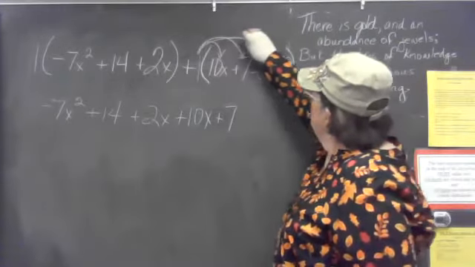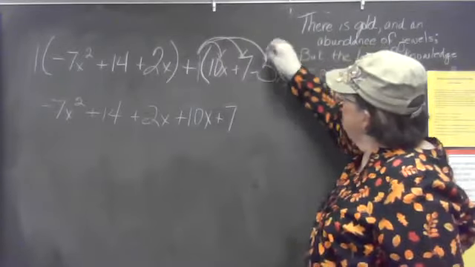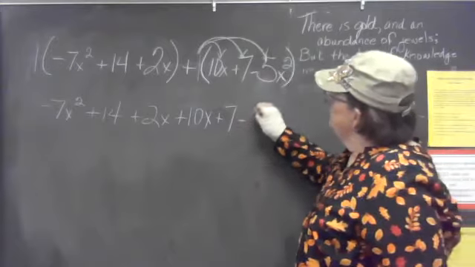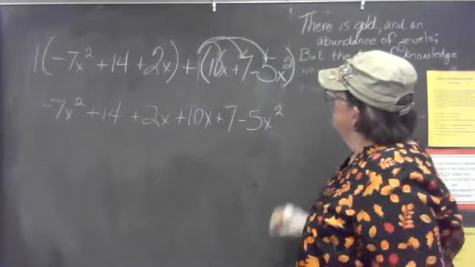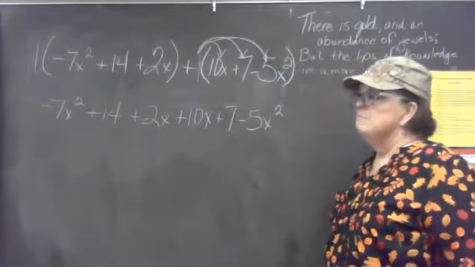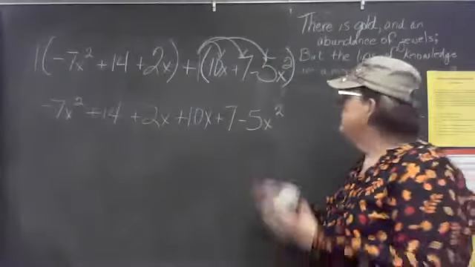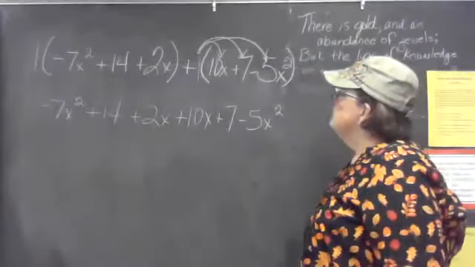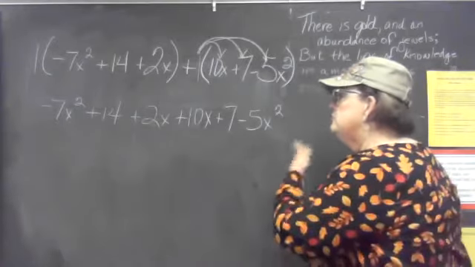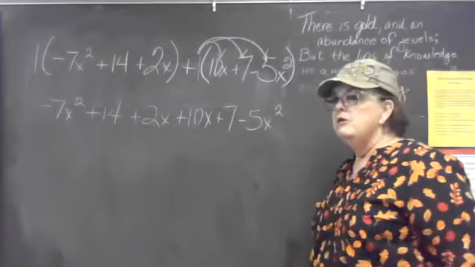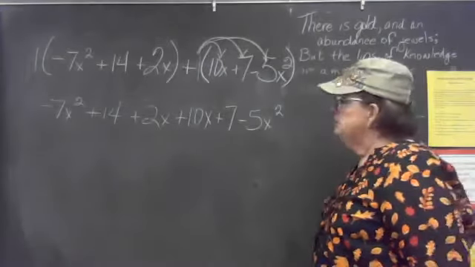I have a positive 1 times a negative 5x squared, so I have a negative 5x squared. Okay, now it's all written without parentheses. Now all you have to do is go straight through and find all of the common terms.